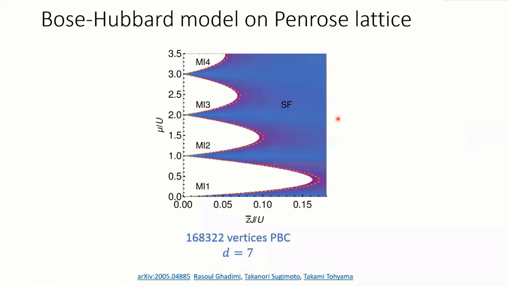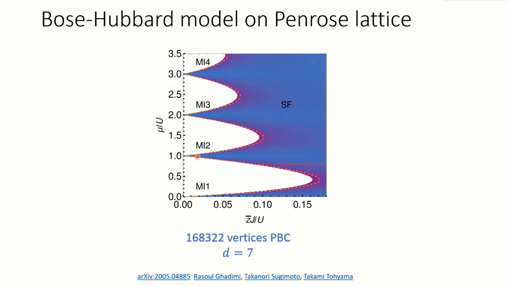By doing so, you can find the phase diagram of the Bose-Hubbard model in the Penrose quasi-crystal. I use around 100,000 sites for my calculation, and find this phase diagram for the Penrose lattice.